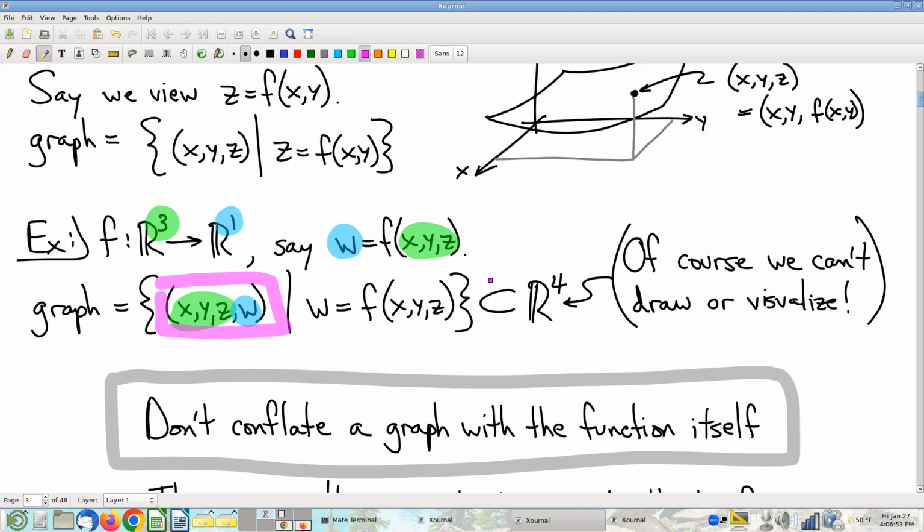And that means that my picture lives inside of R4, and I can't draw 4-dimensional stuff. And neither can you. That makes sense to everybody?